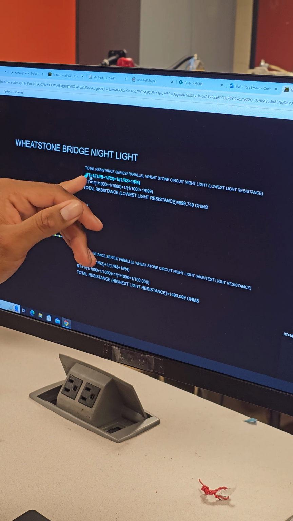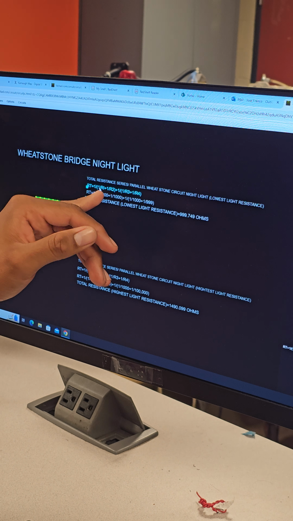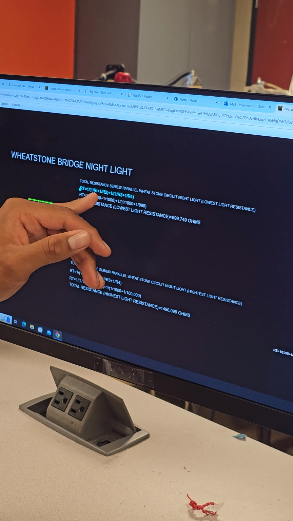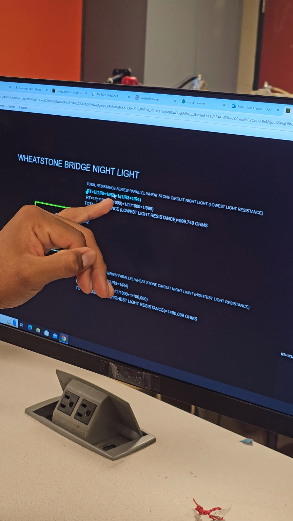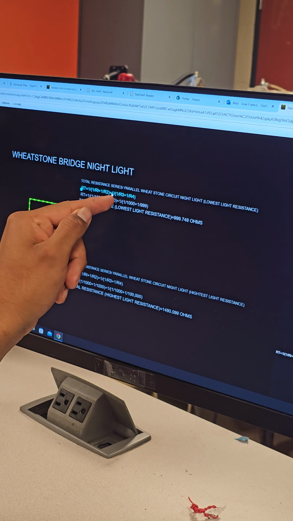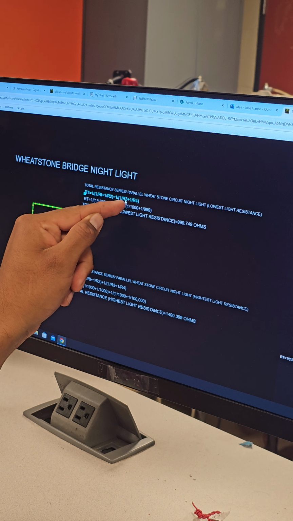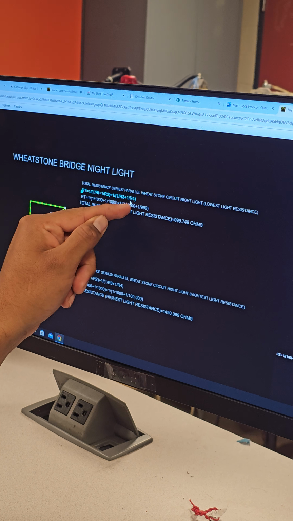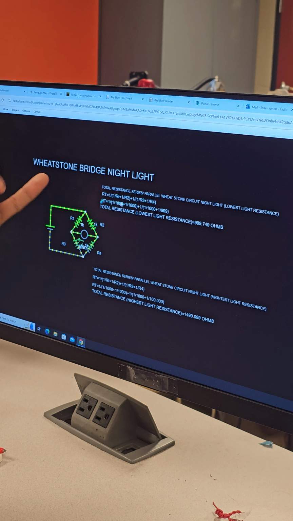So we have it set up as total resistance equals 1 divided by (1 divided by R1 plus 1 divided by R2). Close that up, that's its own side. Then you do plus 1 divided by (1 divided by R3 plus 1 divided by R4). It seems like a lot, but in reality this is what it would look like.